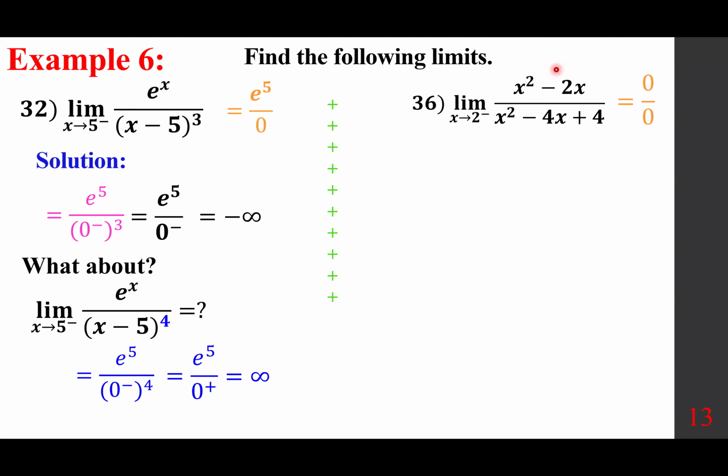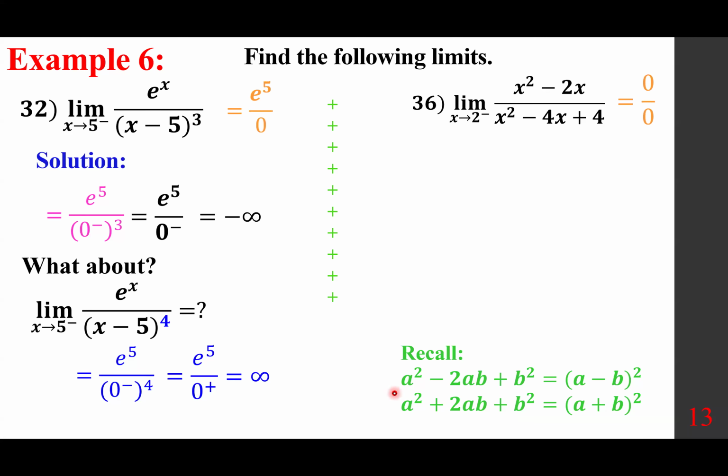But I want to remind you of some identities. a squared minus 2ab plus b squared and a squared plus 2ab plus b squared are perfect square trinomials, which means the first one is (a minus b) squared, and the second one is (a plus b) squared. So the top is simply x times (x minus 2). The bottom follows the very first one, so it's (x minus 2) squared.